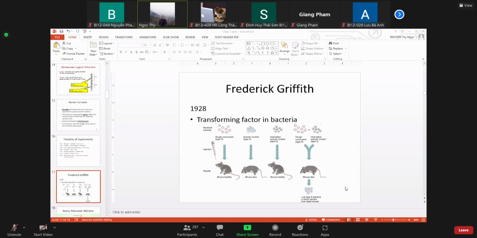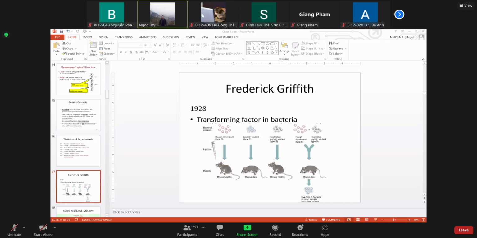But when we mix it with the type R, some factor, at the moment Griffith had no idea about the DNA, but he knew that there was some factor in the type S that transferred into the type R, and the type R used this factor to synthesize new live type S, and this new live type S would kill the mouse. Okay.